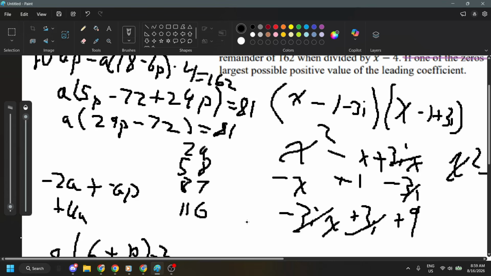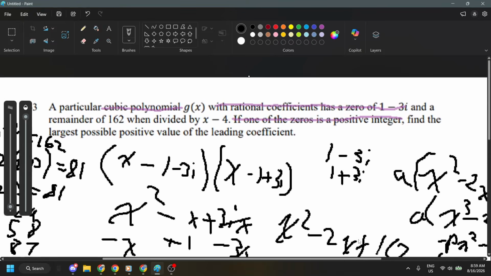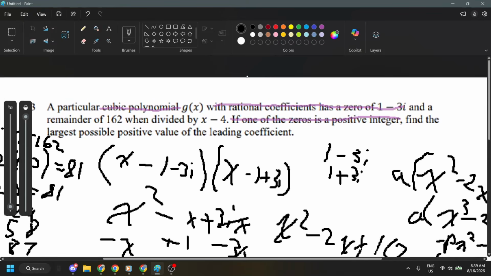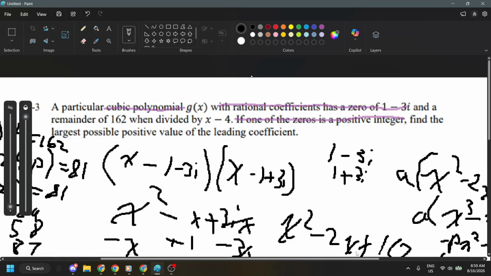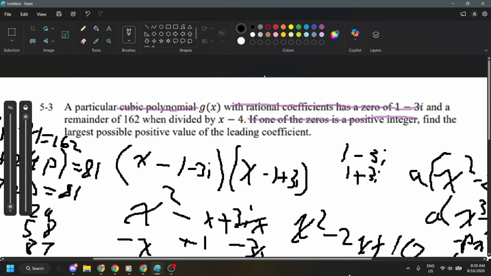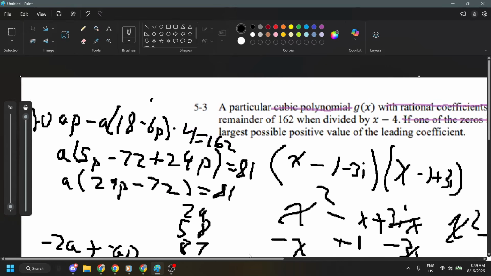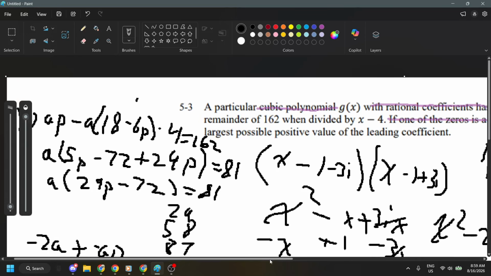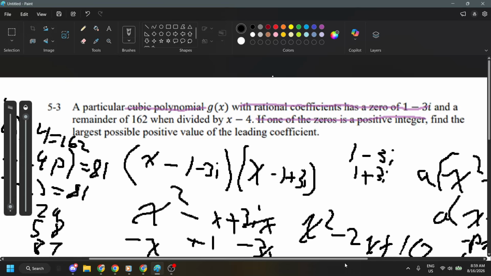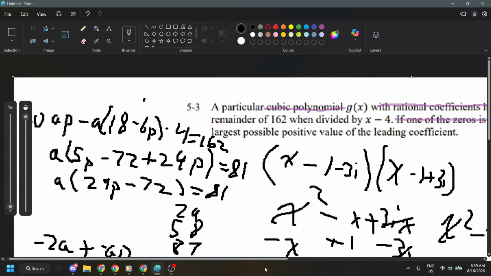So this isn't getting anywhere, because the largest possible positive value has a rational coefficient. So p doesn't have to be an integer. Oh, it is, if one of the zeros is a positive integer.